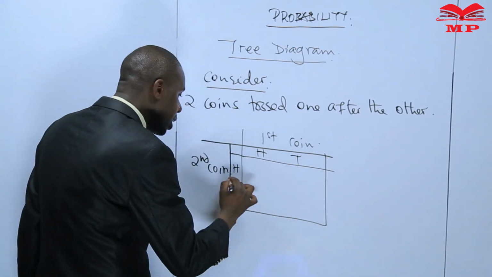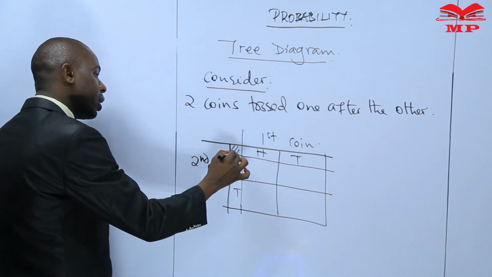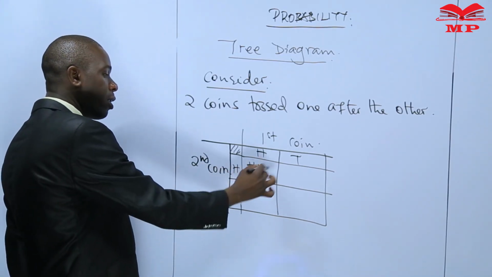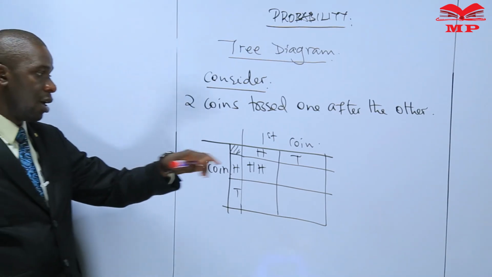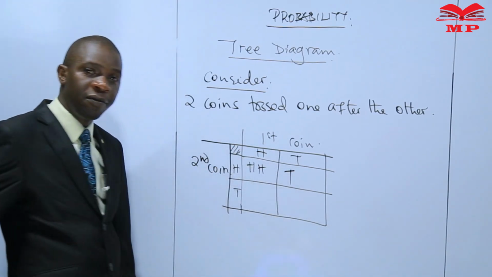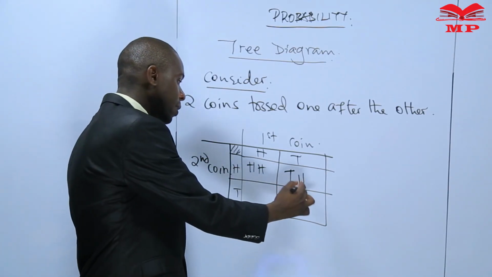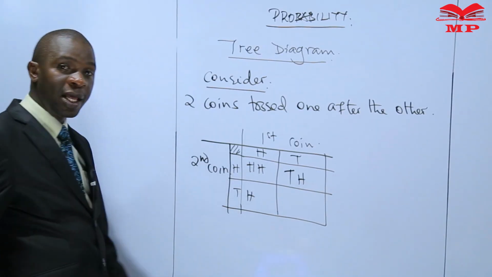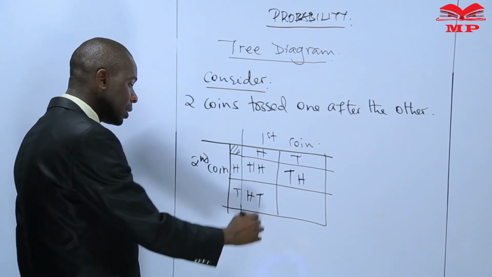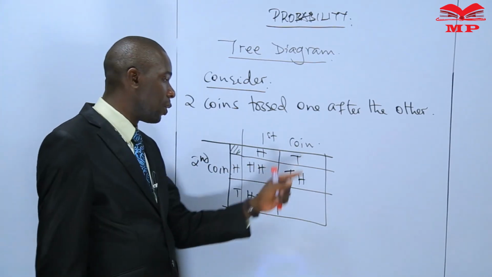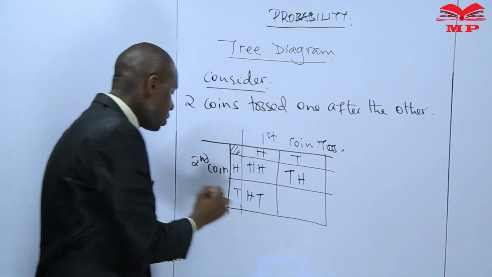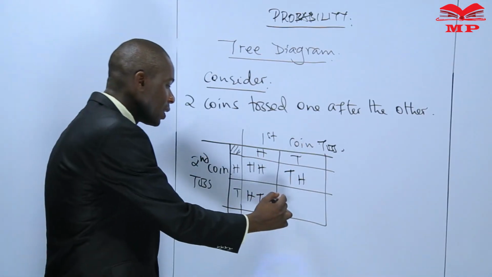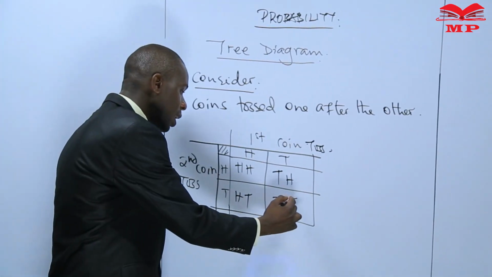Working with this, we can draw a sample space this way and say that the first coin can give us a head, followed by the second coin also giving us a head, or the first coin can give us a tail, followed by the second toss giving us a head, or the first coin toss can give us a head, followed by the second toss giving us a tail, or the first coin toss can give us a tail, and the second toss also a tail.